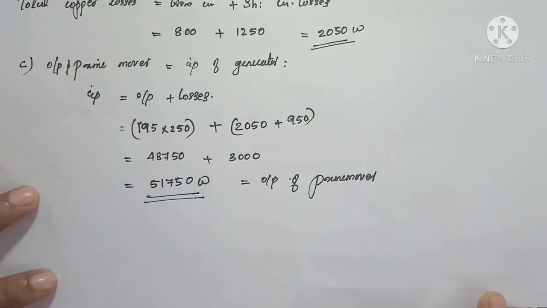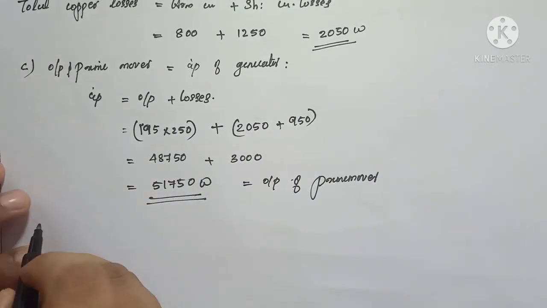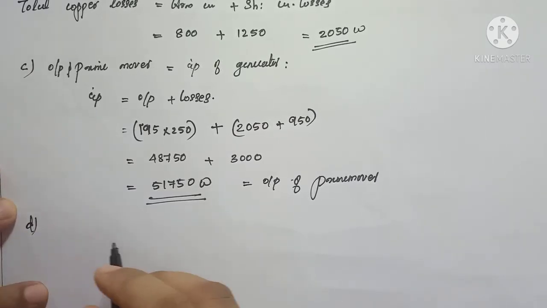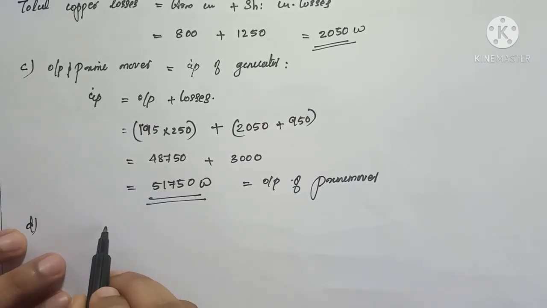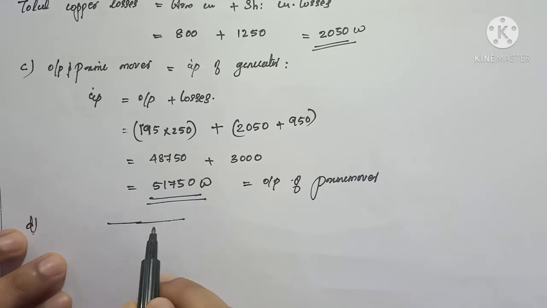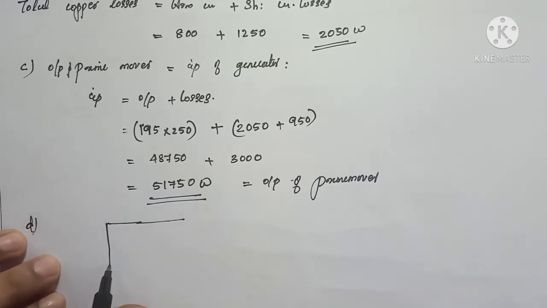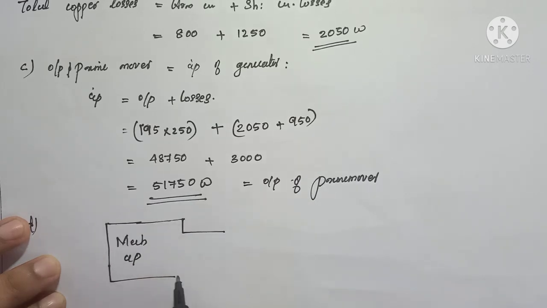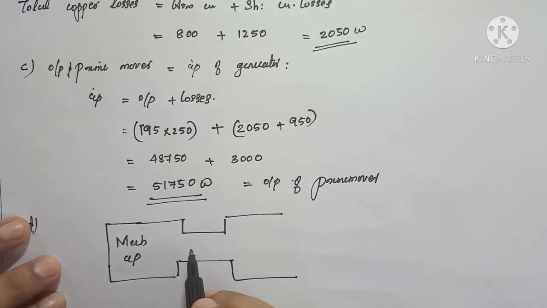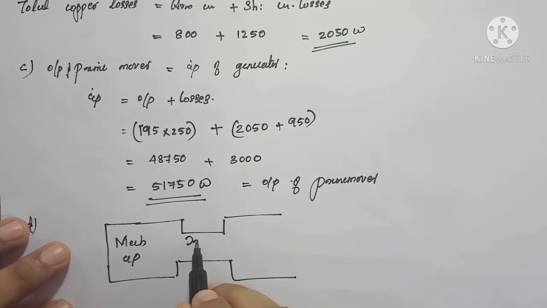And before learning to calculate these efficiencies, we know that for the machine, this is the mechanical input which is given. Then some losses will occur here, that is iron and frictional losses.